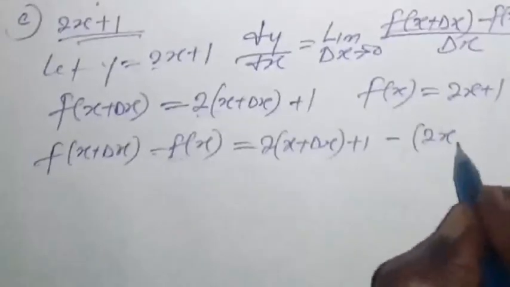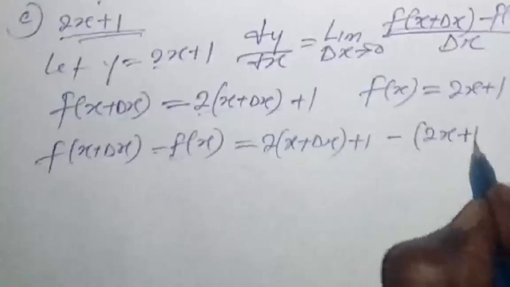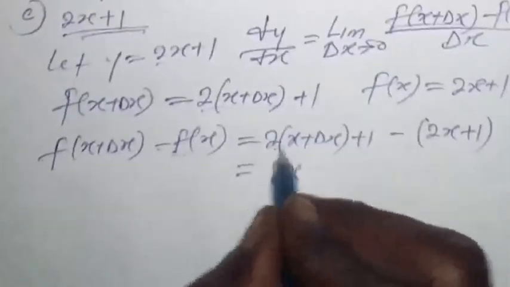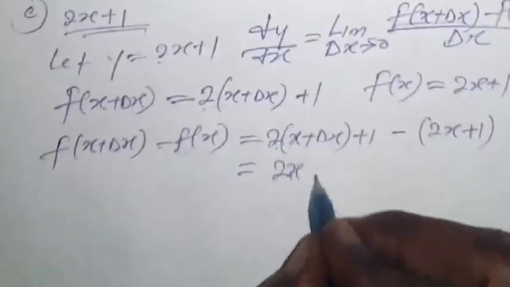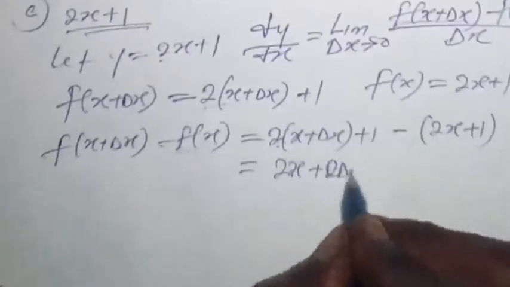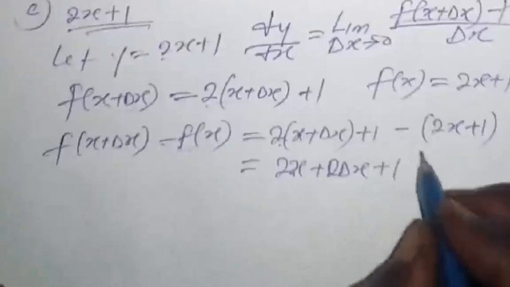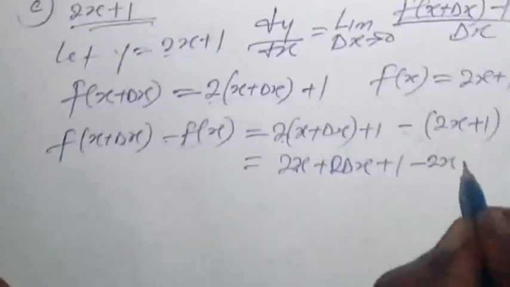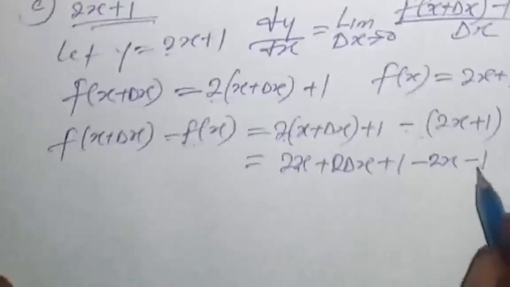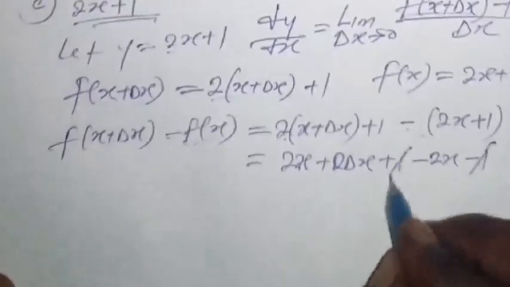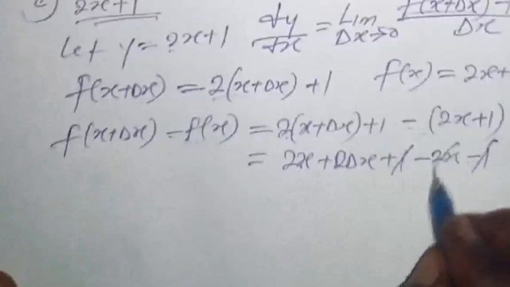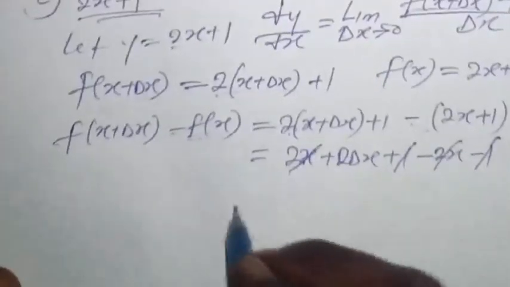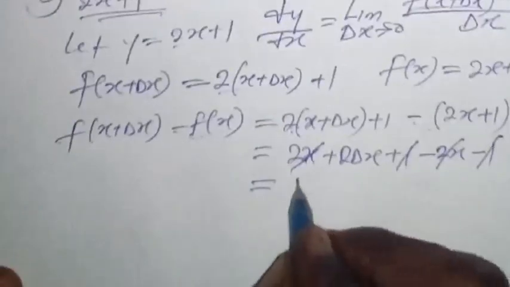Then we expand the bracket. We have 2 times x is 2x, 2 times delta x is 2 delta x, plus 1. Minus 2x, minus times plus 1 is minus 1. As we can see, minus 1 cancels plus 1, minus 2x cancels 2x.